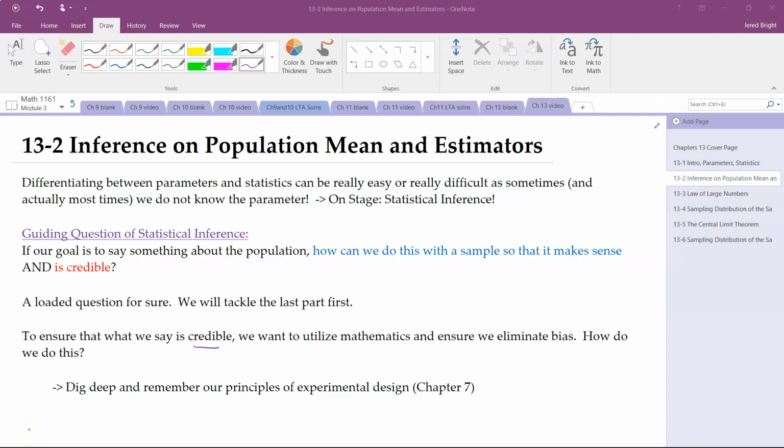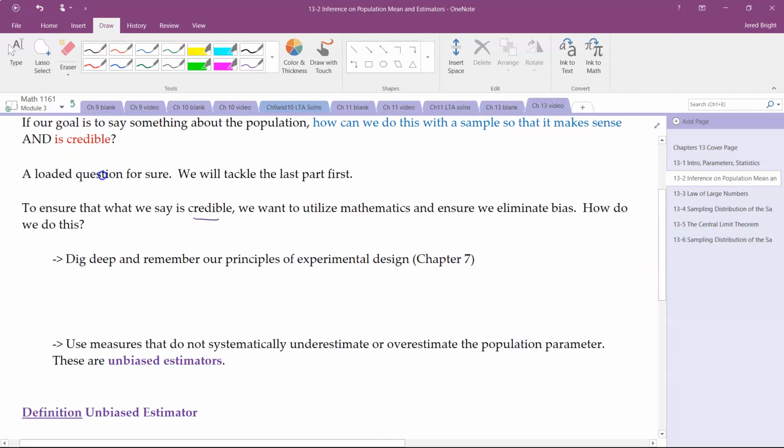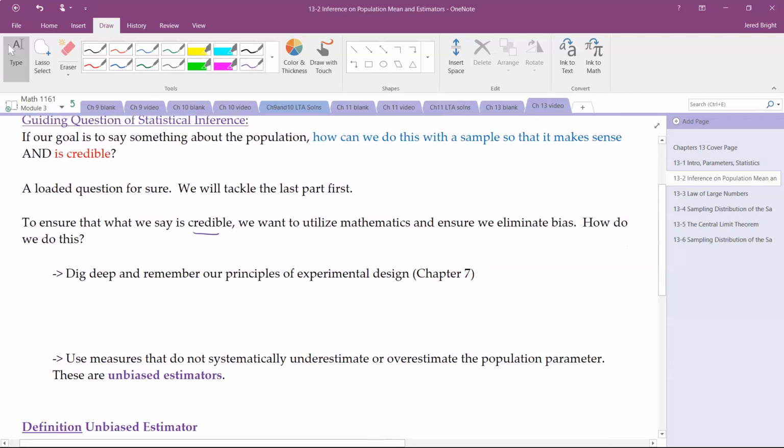If we collected the sample in a legit way, so that we minimize bias to the best of our ability, that's going to go a long way. But beyond that, any statistics that we compute, we want to make sure those are also unbiased. You're wondering how you make mathematics unbiased? We need to make sure that any statistics we calculate don't systematically over or underestimate the population parameter.